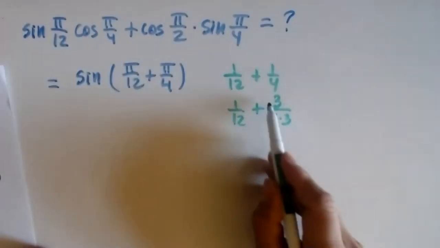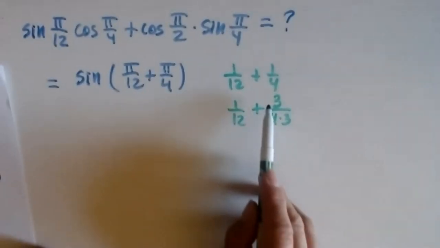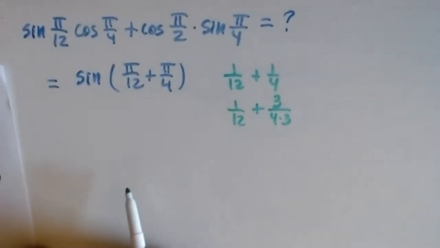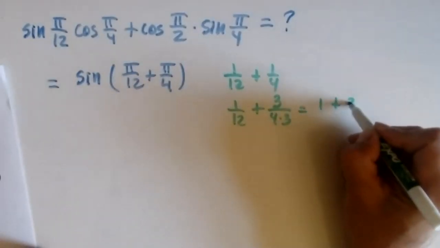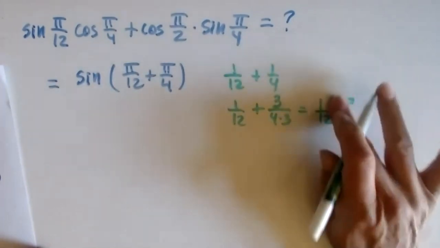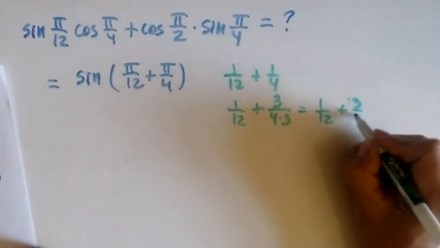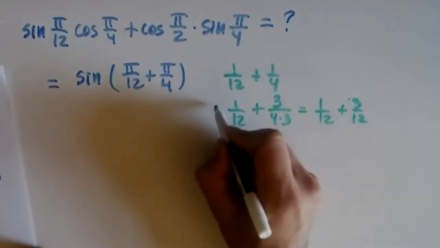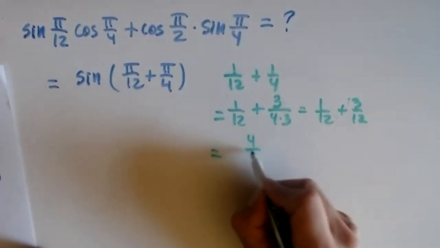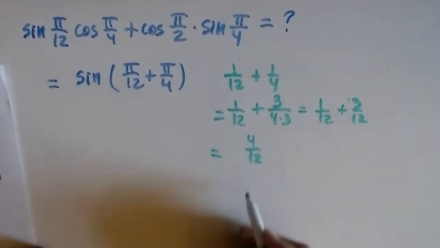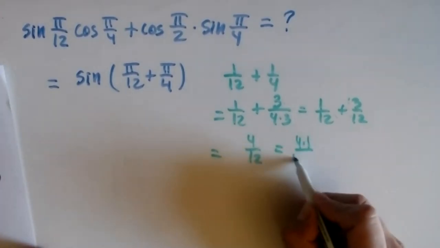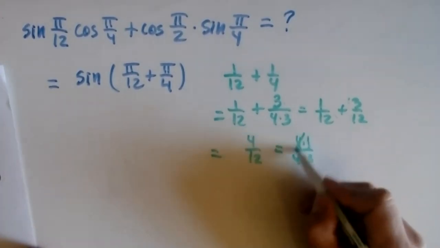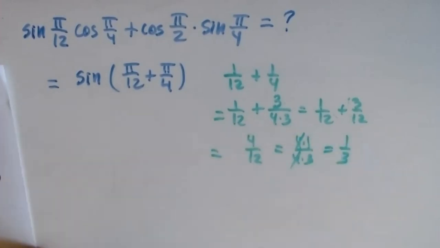So you multiply times 3 to get 12, correct? So you have 1/12 plus 3/12, correct? And these are 4/12. If you simplify, you get 4 times 1, 4 times 3. You cancel the 4s, and then you get 1/3.